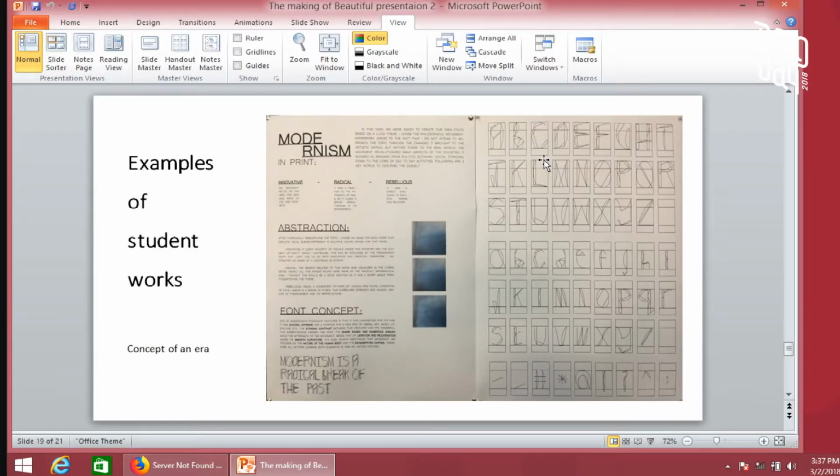And finally, an example from one of our students in Latin typography. She chose one of the eras in art movements, modernism, and she developed her grid to design the letter set of that era.